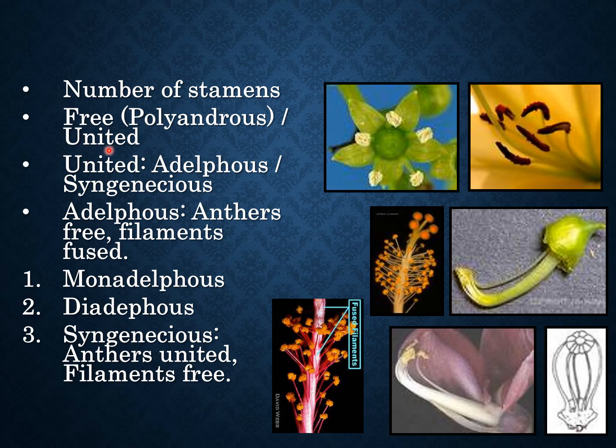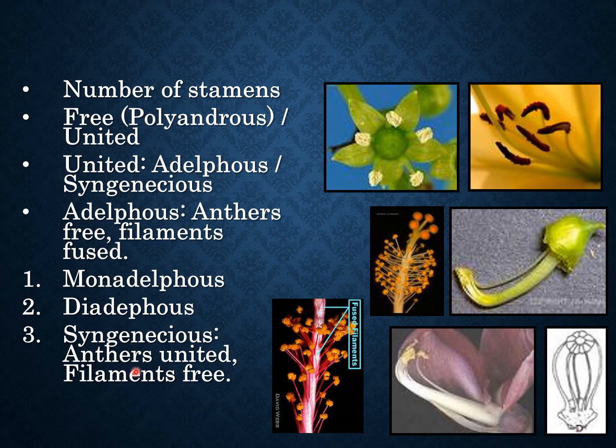Then you will notice whether the stamens are free or united. Free stamens are called polyandrous condition, like this and this, while when the stamens are present in a bundle it is called adelphous condition. Adelphous means anthers are free and filaments are fused, in which you will notice the monoadelphous condition when the stamens are present in one bundle.